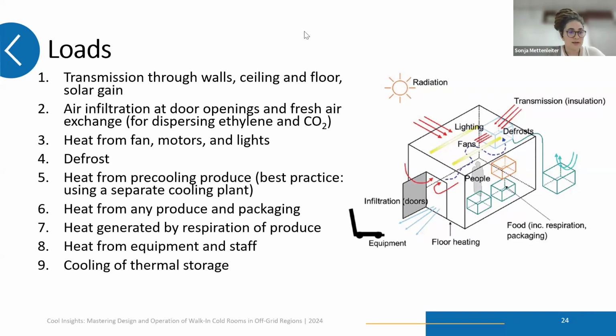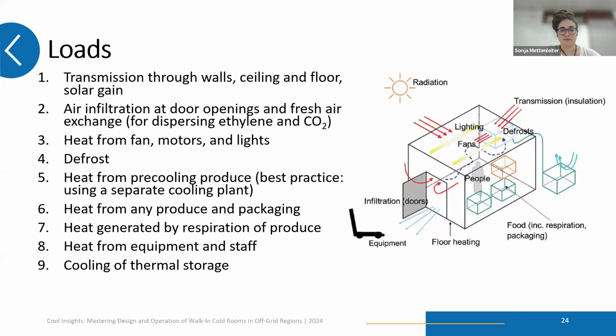Then there's also heat coming from pre-cooled produce, where the best practice for a cold storage would be to have a separate unit for the pre-cooling, and another one for the final storage.